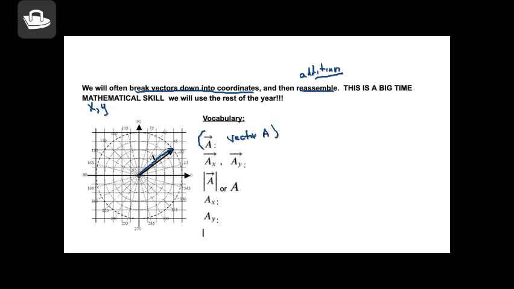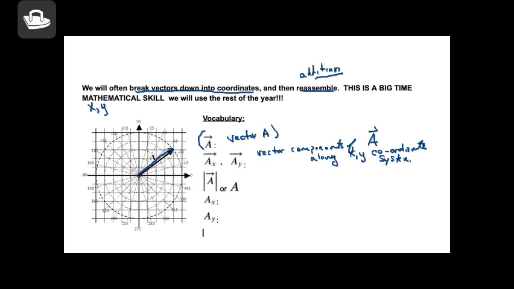A with a subscript X and A with a subscript Y, these are the vector components of A along the XY coordinate system. So if we look at our diagram right here, I'll switch colors, okay?